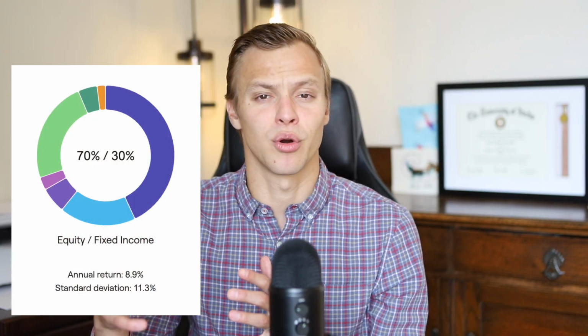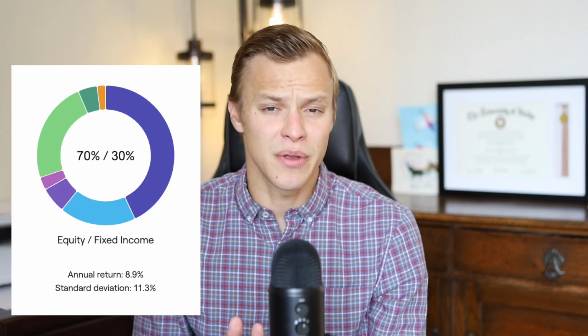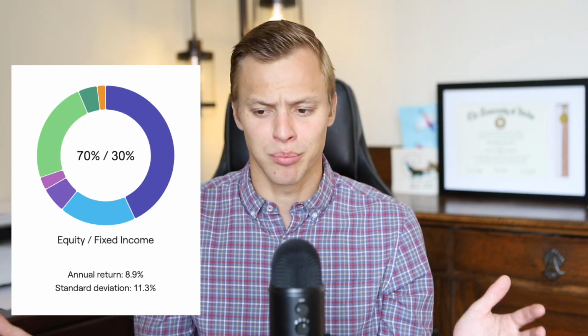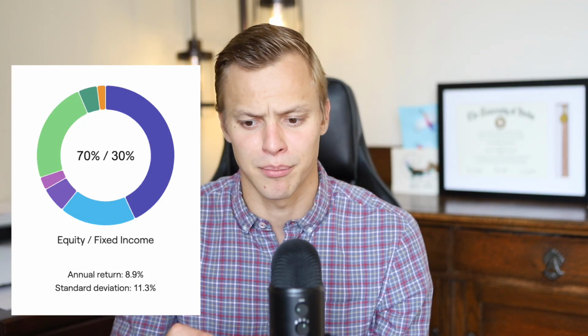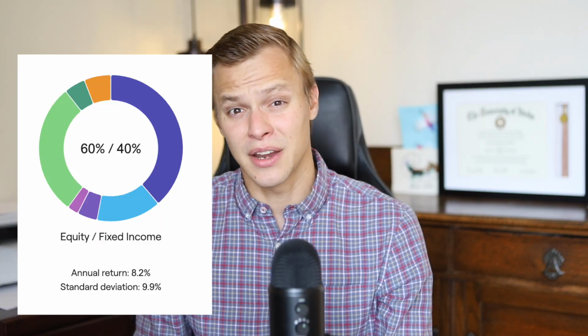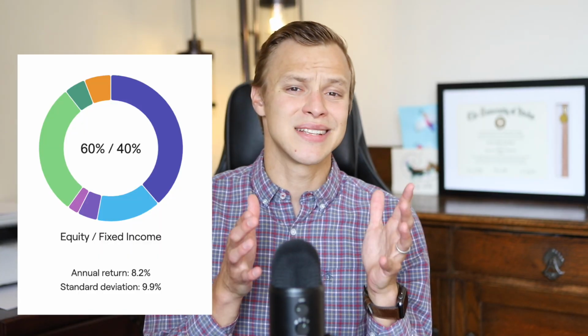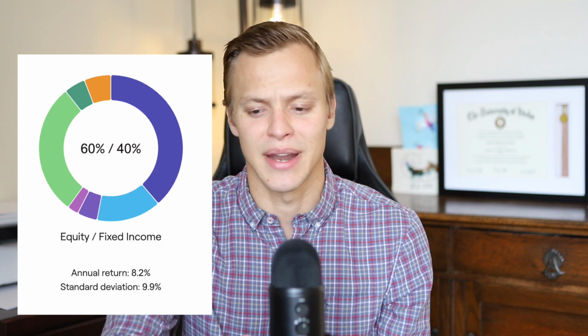Going into our growth portfolio, this is a 70-30 portfolio, as you can see here, with a hypothetical annual return of 8.9% and a standard deviation of 11.3%. Going into our moderate portfolio, we have a hypothetical annual return of 8.2% and a standard deviation of 9.9%.